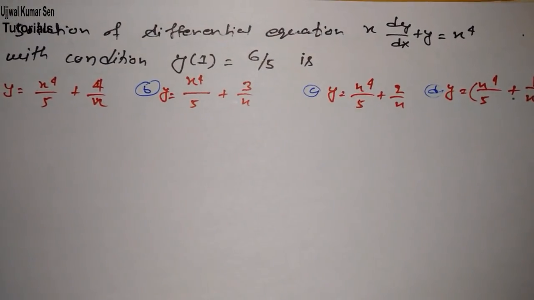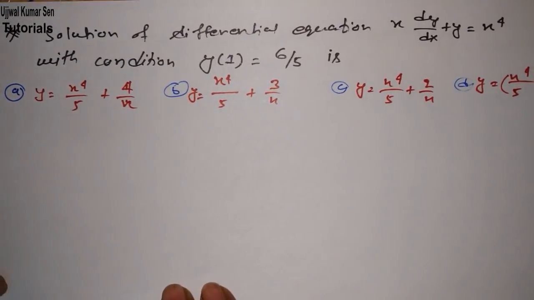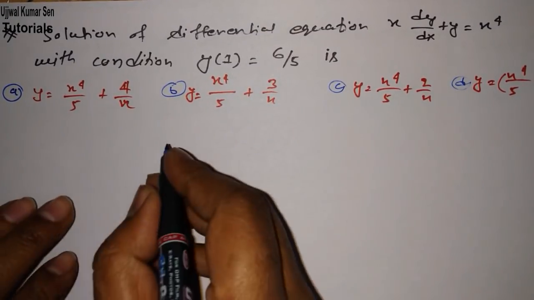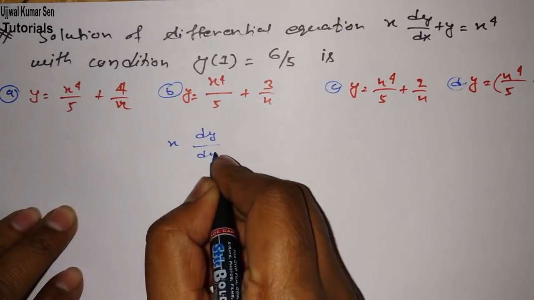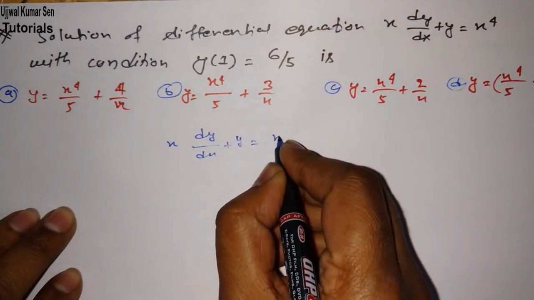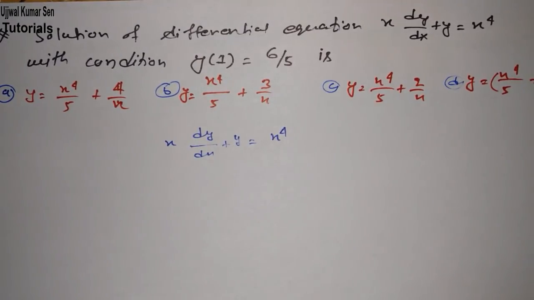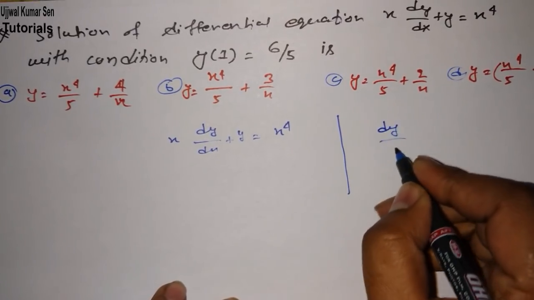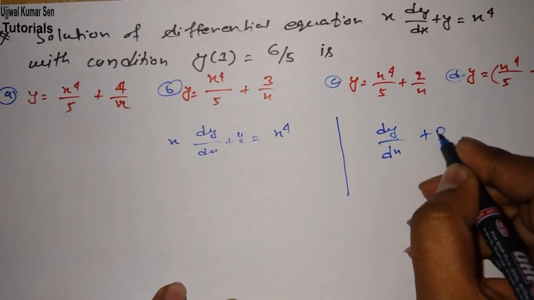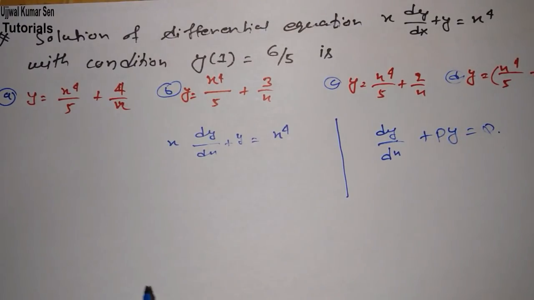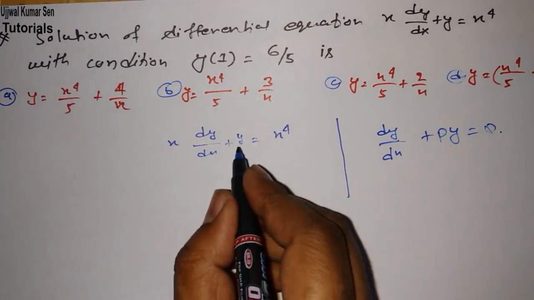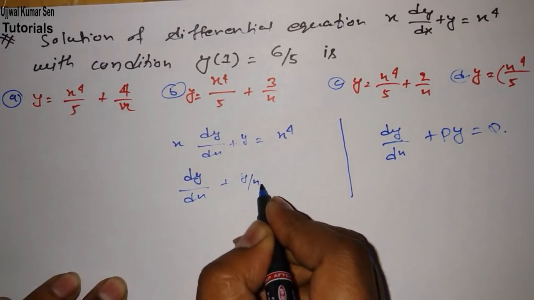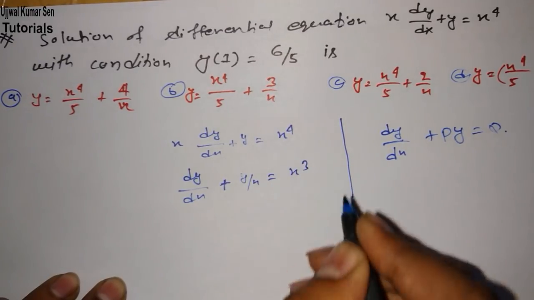Right now you have a question, and in this question we are given a differential equation: x dy/dx + y = x to the power 4. What I have shared with you is that it doesn't matter what equation is given, you have to write it in the form dy/dx + Py = Q. So you divide both sides by x, and we get dy/dx + y/x = x cube.